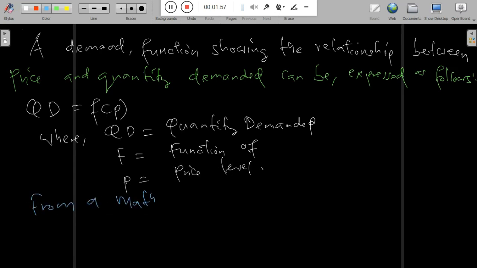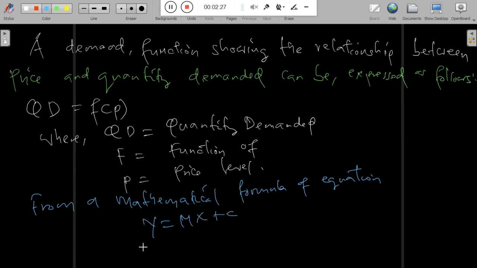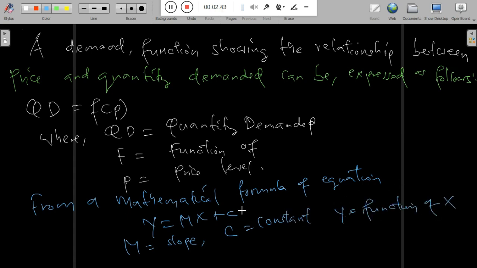So what is known as the demand function is presented by the function QD equals f(P), as you can observe. When you present QD equals f(P), f represents the function, and P is the price level.